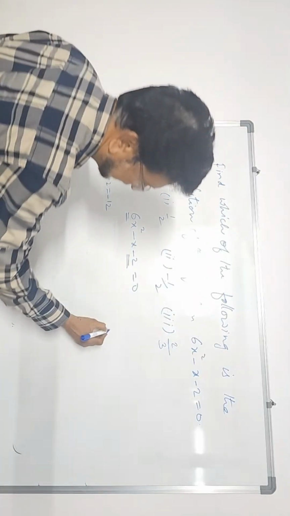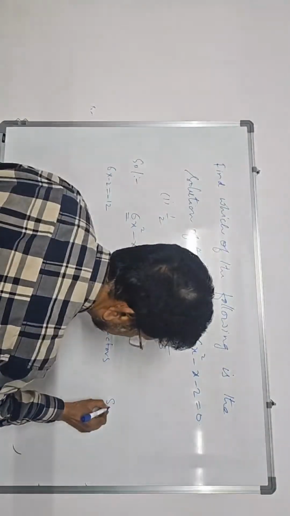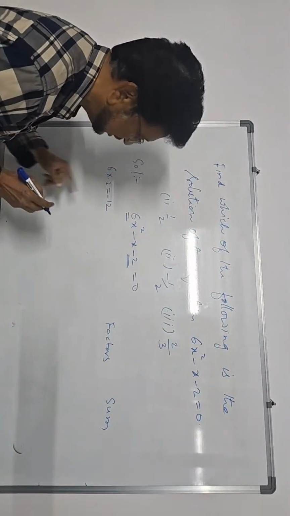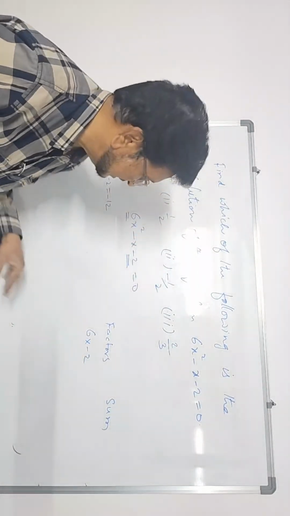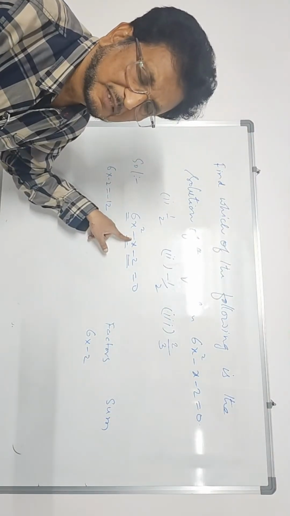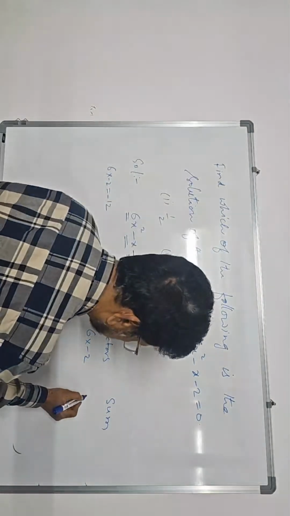First we shall take factors. Then we will take the sum of the factors. Factors are, first we have taken 6 into minus 2. If we add these two factors, the sum must be equal to the middle term coefficient, minus 1x, means minus 1.